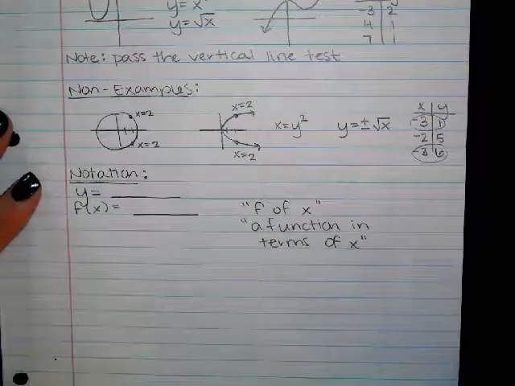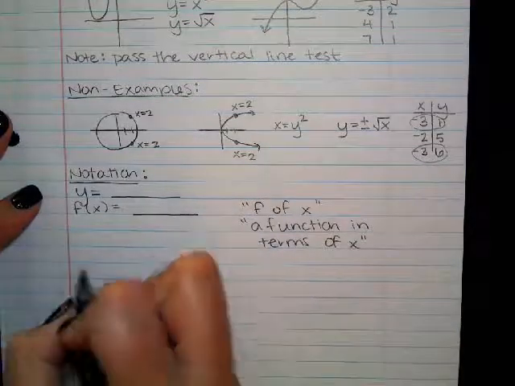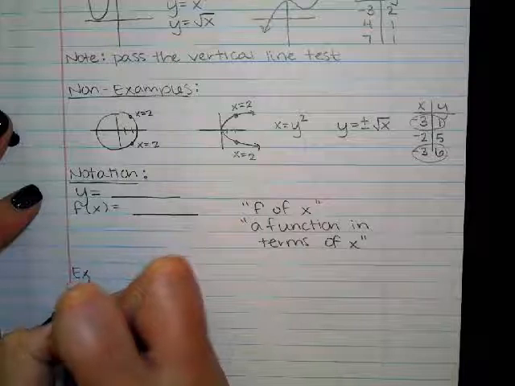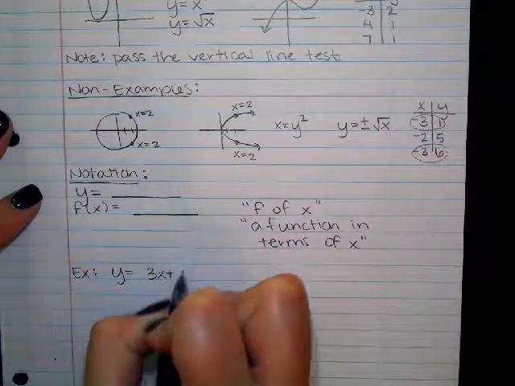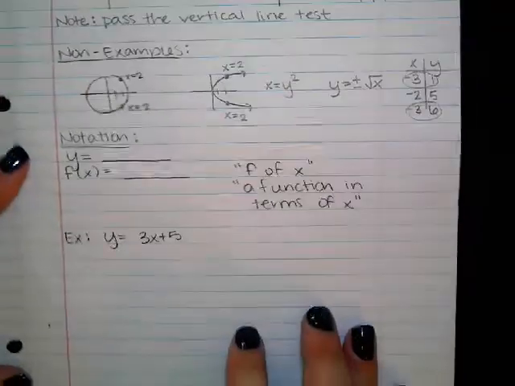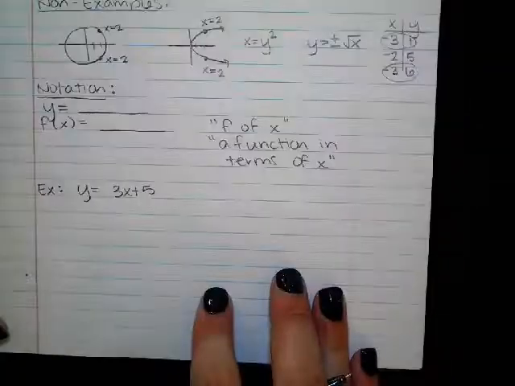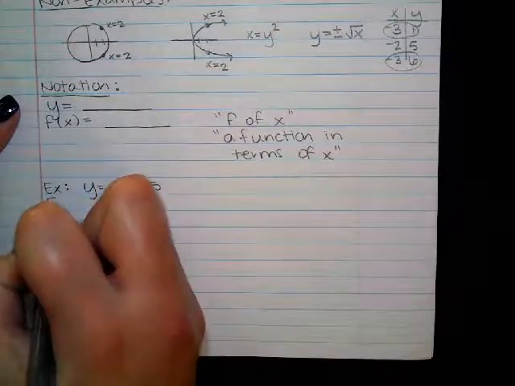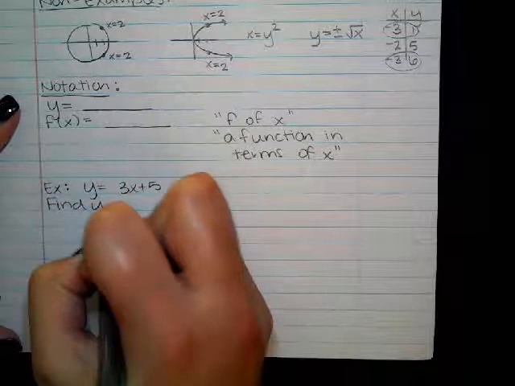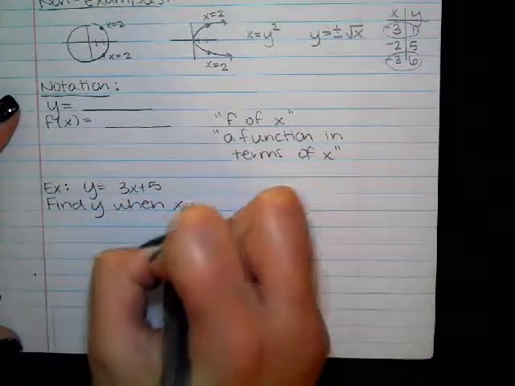So if we have something like y equals 3x plus 5, back before we were working with functions, they might have given you instructions where they said find y when x equals 2.